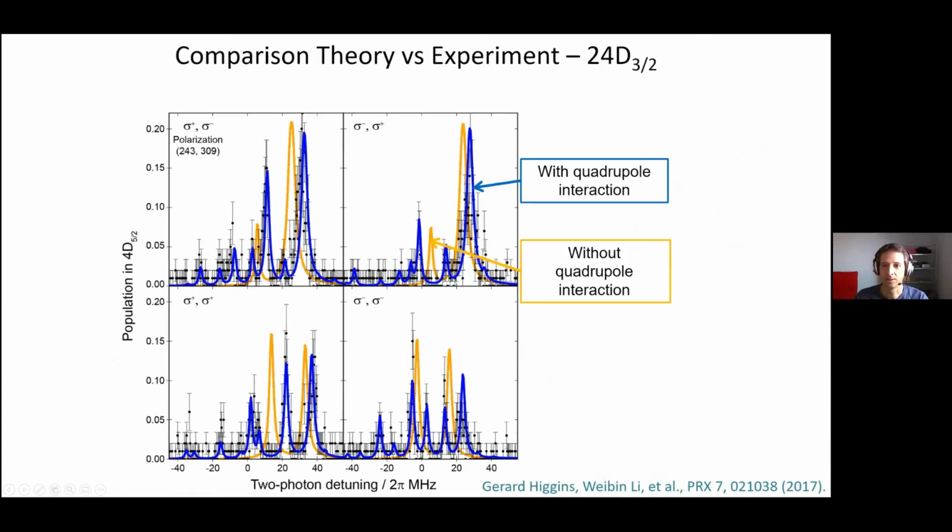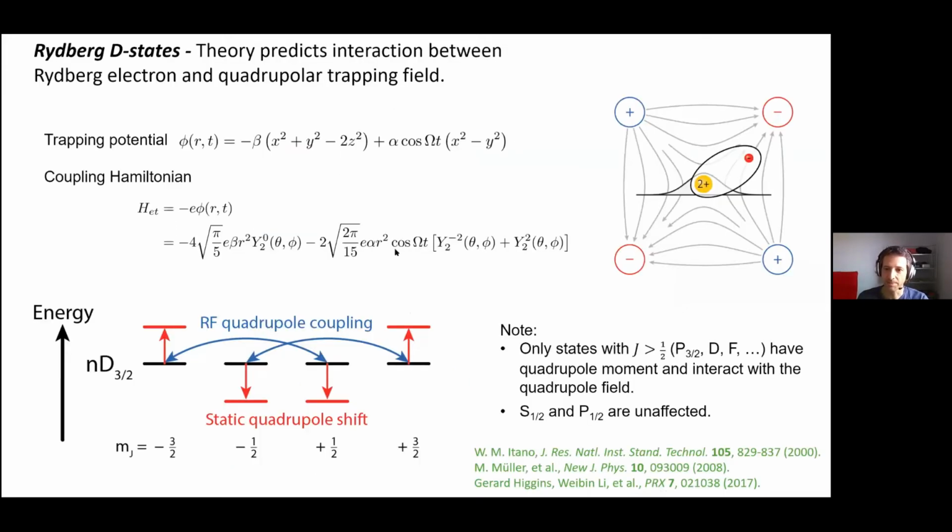If you then look at the spectra, and we measured the spectra here only for a relatively low principal quantum number n equal to 24, you see many, many lines, and this is due to the coupling with the quadrupole field. The reason is that the coupling oscillates in time due to this cosine omega t, and this gives you Floquet sidebands.